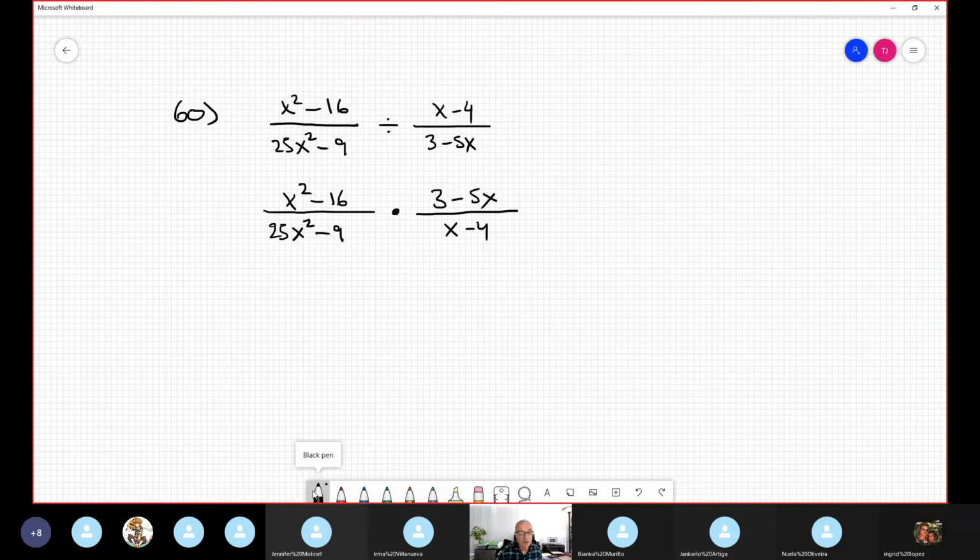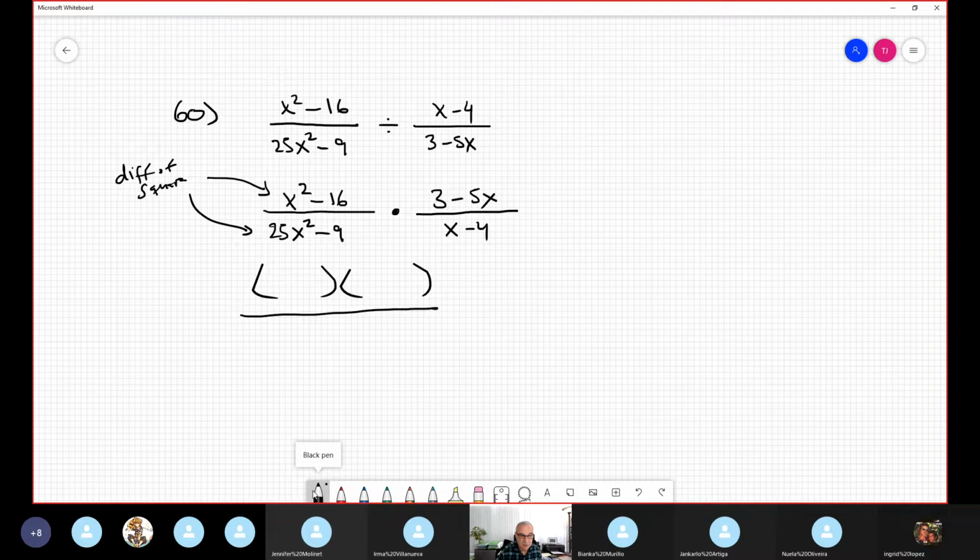Now factorization. I realize, wow, this is a famous difference of squares. By the way, both. And the factorization is to open two parentheses: x, the square root of 16 is 4, and 4, plus or minus. That's it. And likewise, this is a difference of squares.